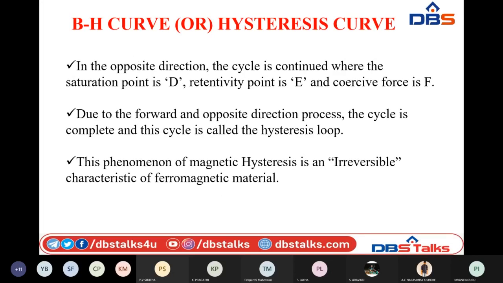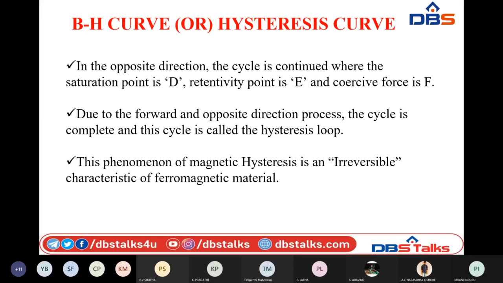In the opposite direction, the cycle is continued until the saturation point B is reached. Again, if we increase the magnetizing force in the positive direction at point E, it will reach the retentivity point, and the coercive force at point F in the positive direction. Due to this forward and backward reverse process, the cycle is complete, and this is known as the hysteresis loop.